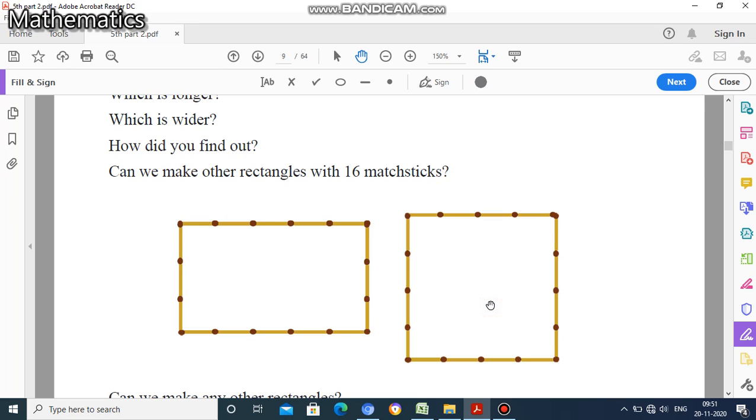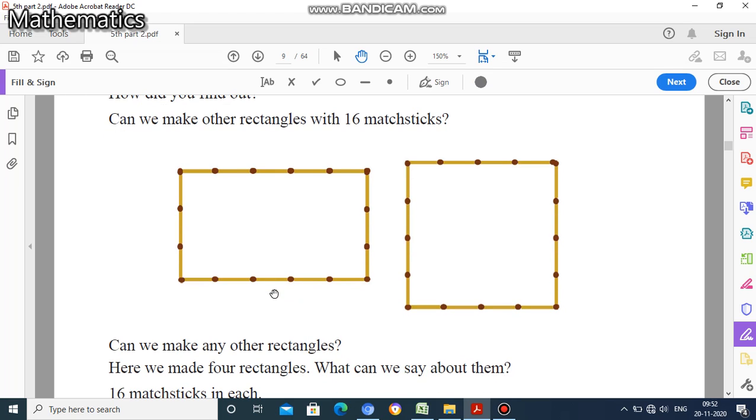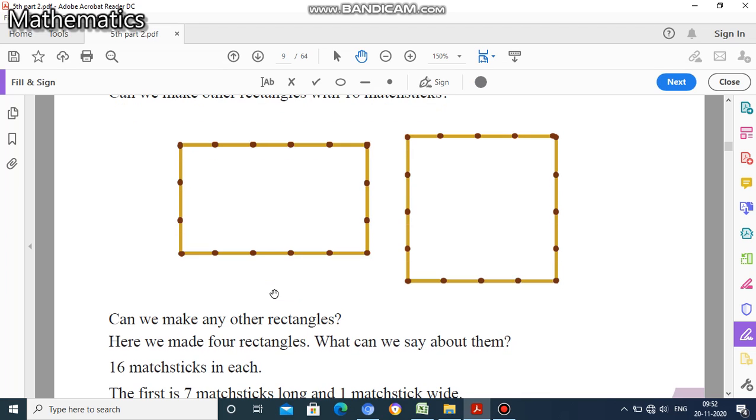Then what about this? 1 to 16. Okay, 16 matchsticks. Then next, can we make any other rectangles? Can you try?